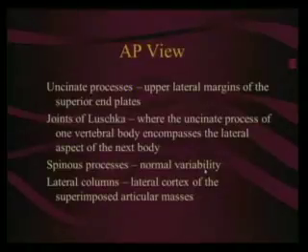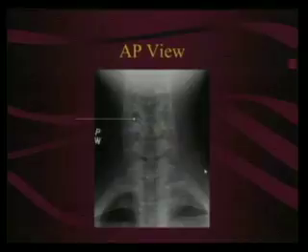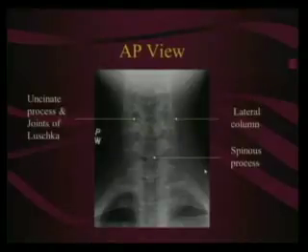We look at the spinous processes, and there's a lot of normal variability in that, as well as the lateral columns, which is actually the lateral cortexes of the superimposed articular masses. Okay, and these are some of the structures that we're going to look for. So here are your little uncinate processes that form the joint of Luschka, spinous processes, and the lateral columns.